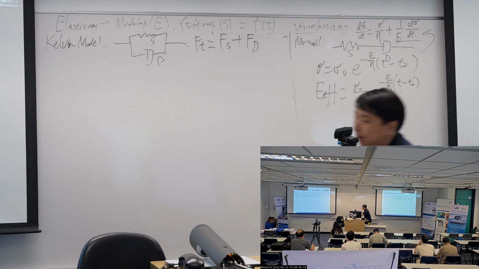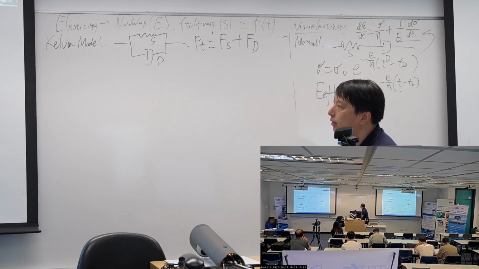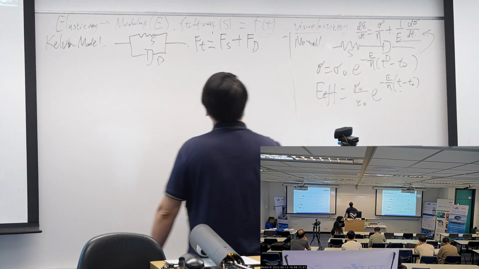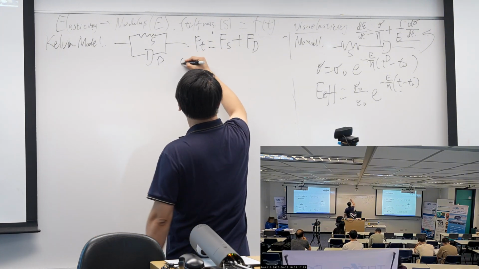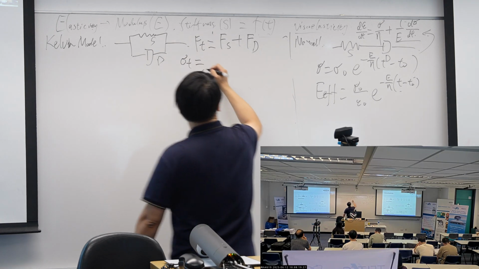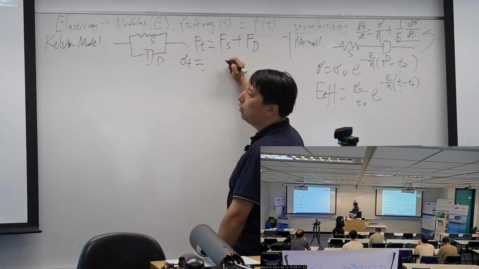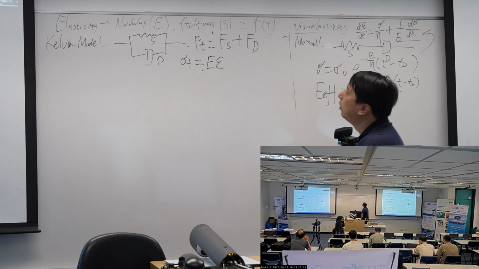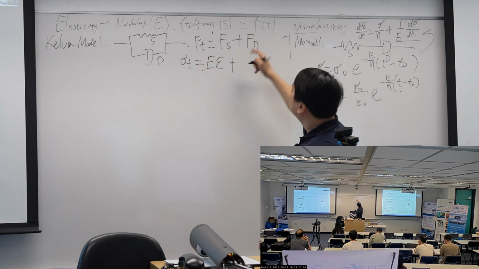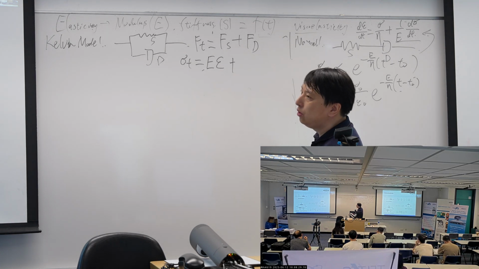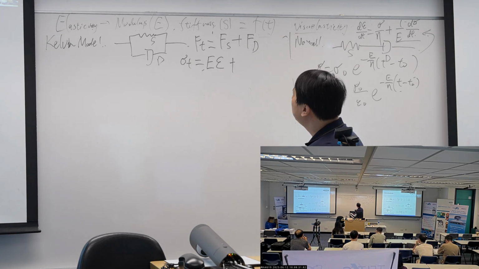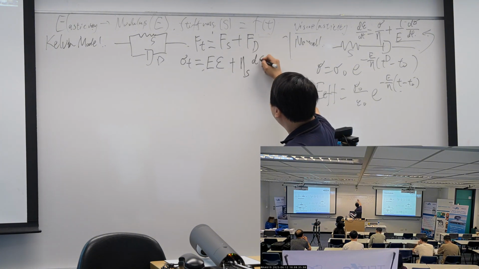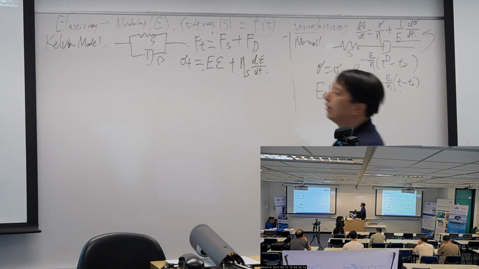And we use the terms of stress and strain. So it can be written down as the total stress equals the spring part, I use the modulus times epsilon. And for the damper part, I use Newton's fluid law. So it is eta s d epsilon over dt.